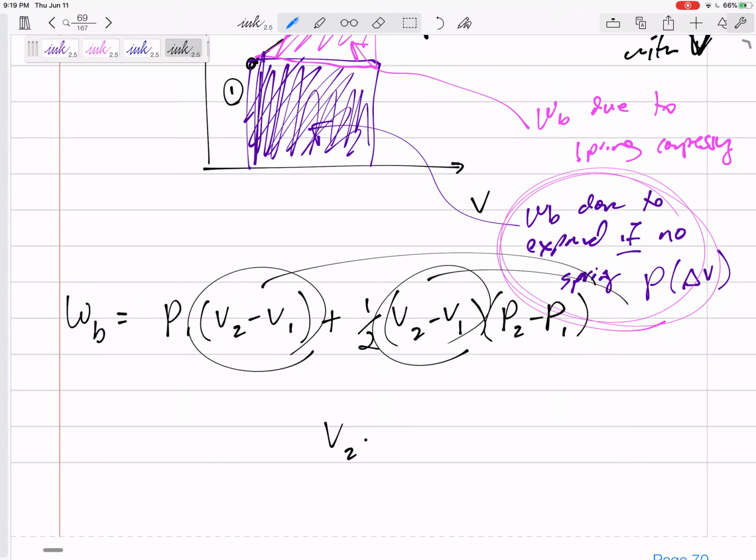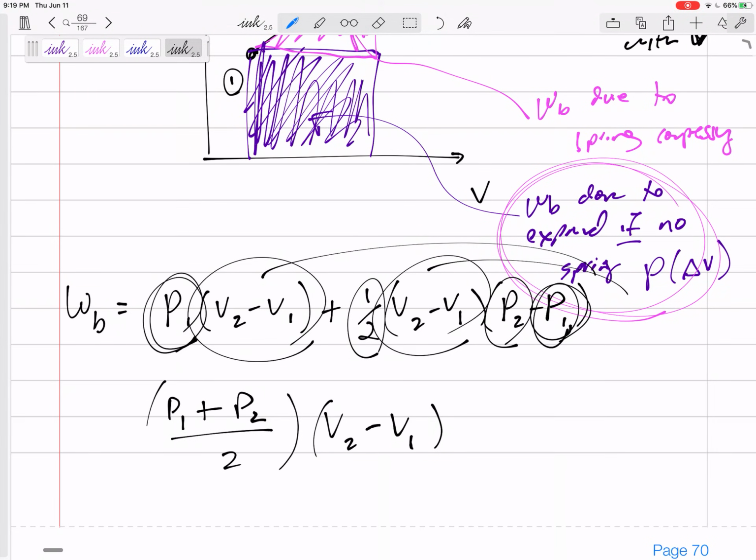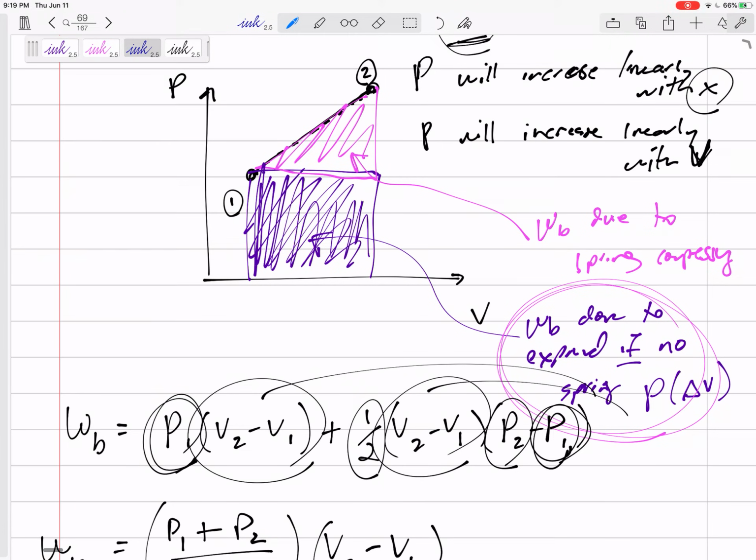Factor V2 minus V1, or delta V, out, and we get P1 plus P2 divided by 2. This would come out to be P2 plus P1 over 2 times V2 minus V1.